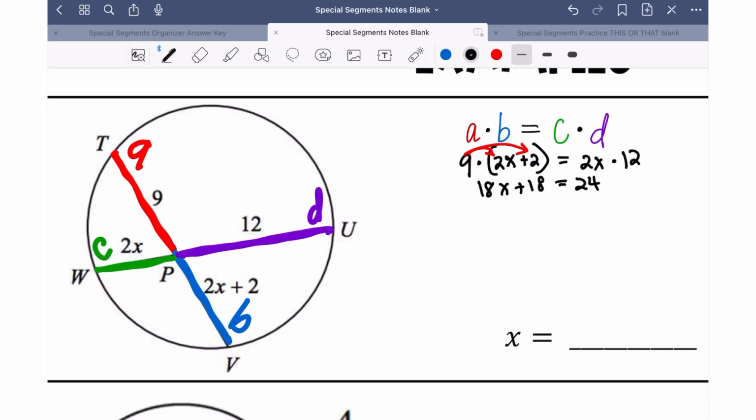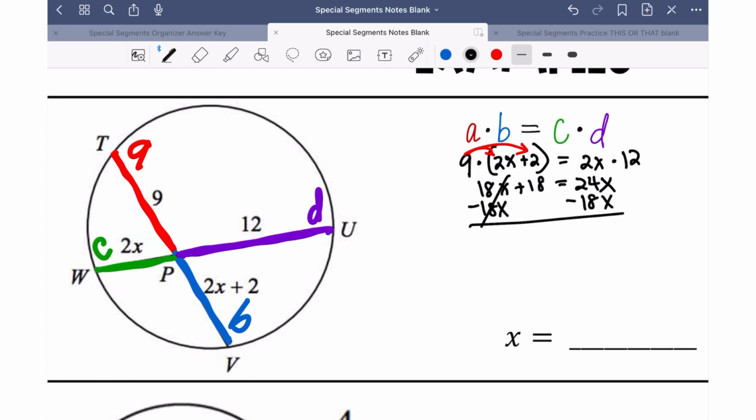Oops, I forgot an x here. Which way do we want to move our x's in this equation? To the left side or to the right side? Based on the numbers 18x and 24x, I would move the x's to the right so that I don't create a negative. Because I know I'm going to have to subtract, right? Because that's a positive. So I'm going to move the 18 of the x's to the right side.